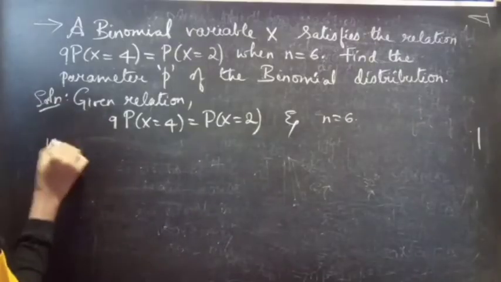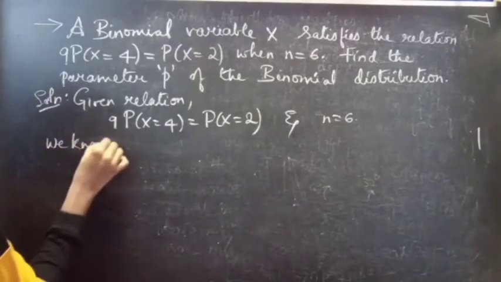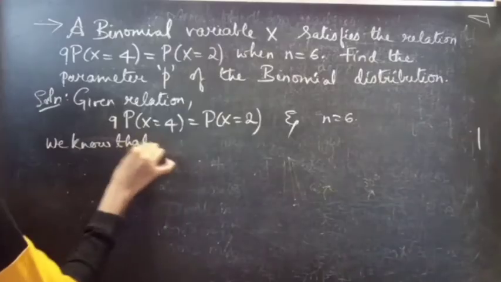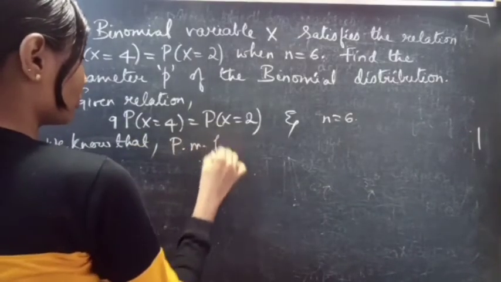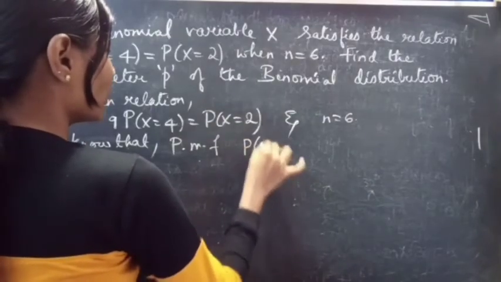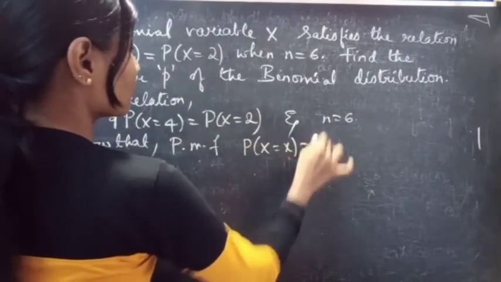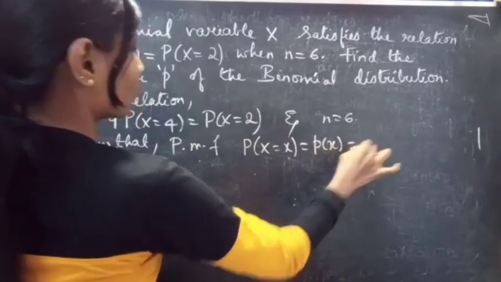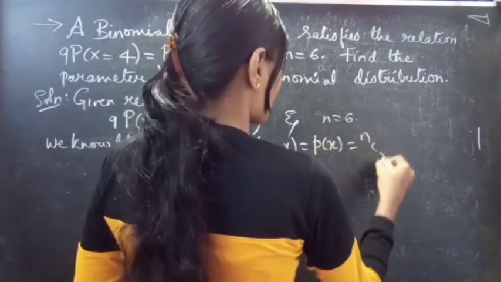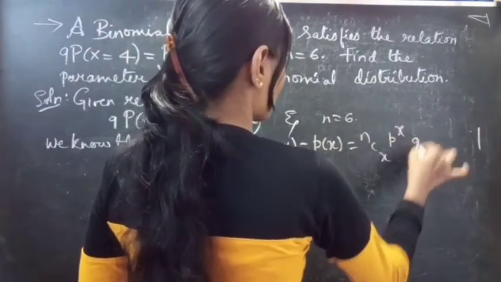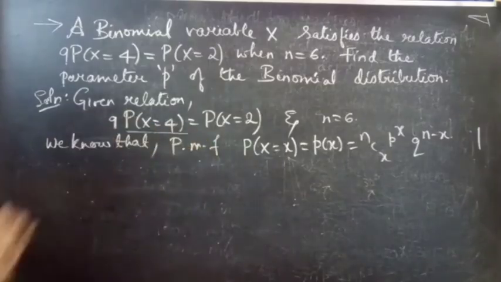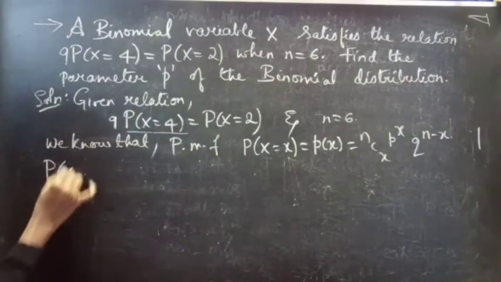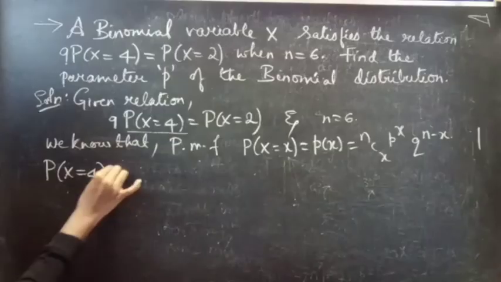Since we know that the probability mass function of binomial distribution is nCx p power x q power n minus x. Okay, so let's consider probability of capital X equals 4.